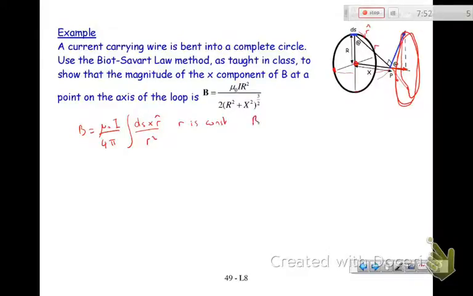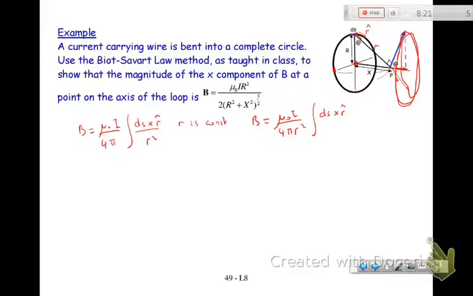So we're going to say B is equal to mu naught I over 4 pi r squared times the integral of ds crossed with r hat. And the next thing I'm going to say is, well, hold on. Is my ds still perpendicular to r hat? There's my ds going along the top, and my r hat is going down there, and they are still at 90 degrees to each other, aren't they?